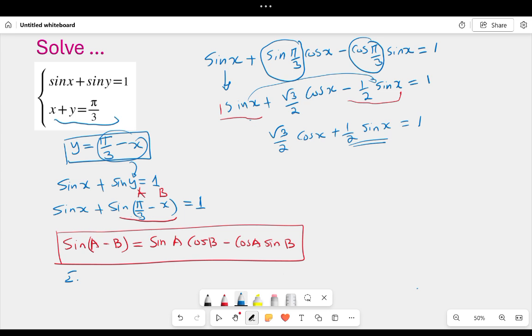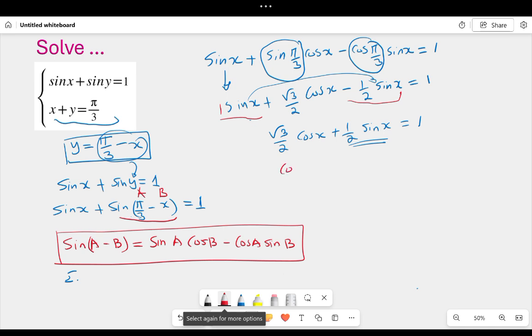Now, I want us to evaluate this equation carefully. The square root of 3 over 2 is a special angle. It's the sine or cosine of a special angle. 1 over 2 is the sine or cosine of a special angle. But let us maybe try to use the cosine of a special angle. Now, square root of 3 over 2 is just the same as cosine pi over 6.